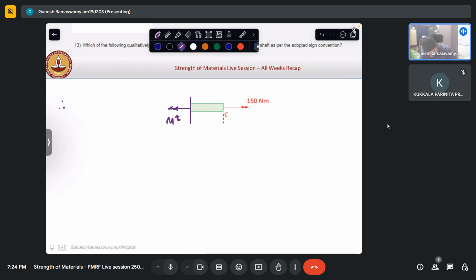Therefore, sigma fx, fz equaling 0, not f, I'm sorry, excuse me. This is in equilibrium. So therefore, sigma mz equaling 0 gives me minus mt plus 150 equal to 0, or mt is 150 Newton meter.